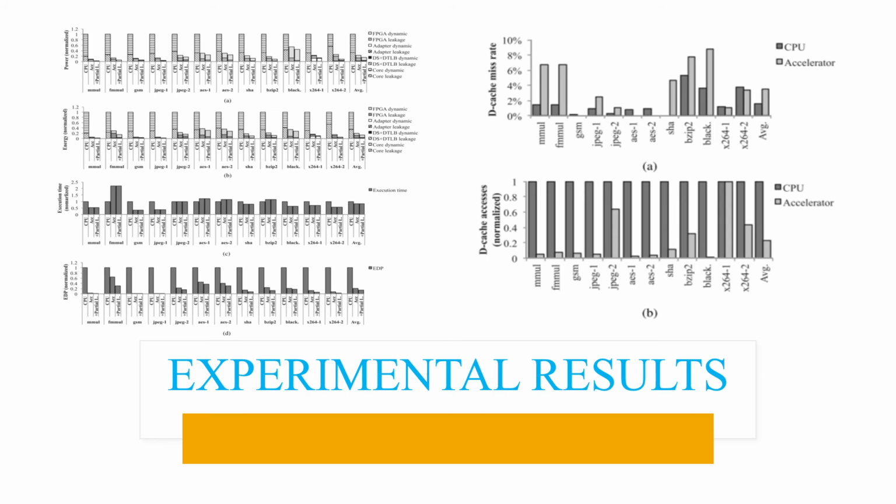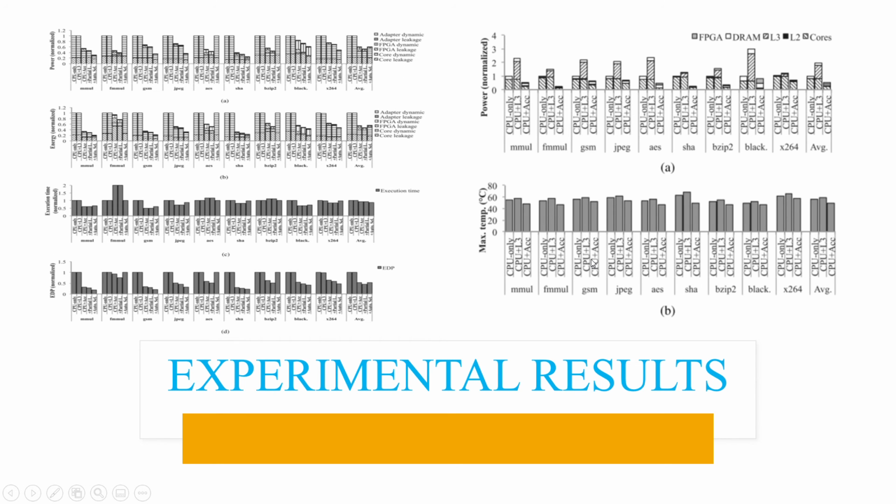On average, the amount of data cache accessed by the accelerator is only 23.6% of that of the CPU. In summary, the accelerator miss rate is lower than 9% and the average is 3.6%. This means that the CPU data cache provides very good caching for accelerators.